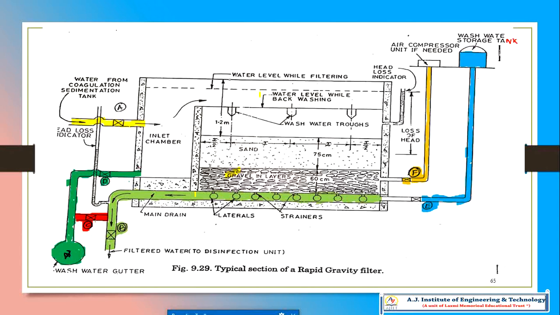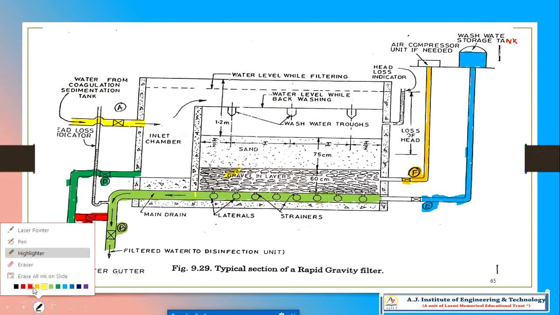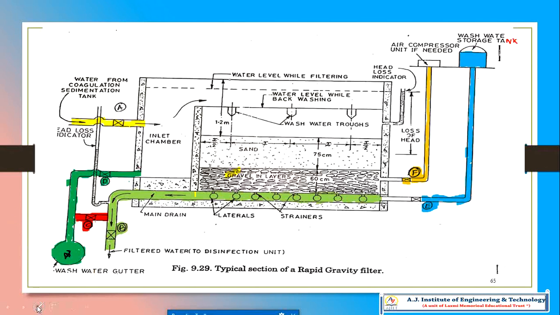Filtering continues until the head loss reaches this level, after which the head loss indicates that you have to go for washing. Here there is also a head loss indicator, as shown, on the laterals and manifold. This is the main drain to collect the water from the filter storage.